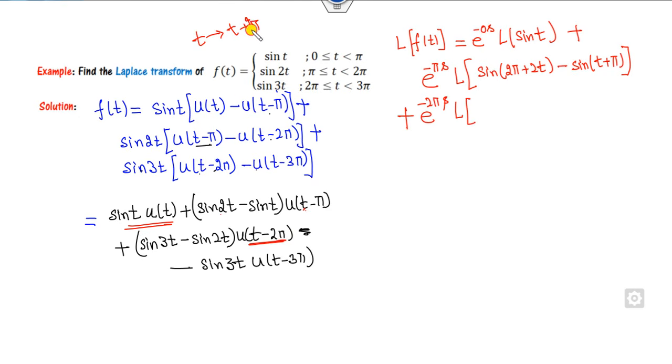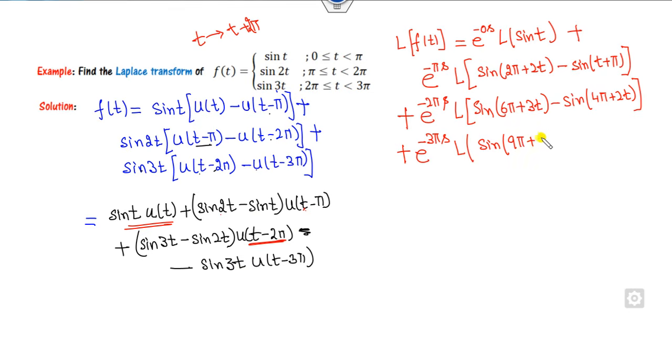I can replace t with t plus 2π. So what is the 3t? If I open them, it's sine of 6π plus 3t minus sine of 4π plus 2t, plus e raised to power minus 3πs, Laplace of sine. When you replace the 3, it's 3 into 3 is 9 plus 3t.